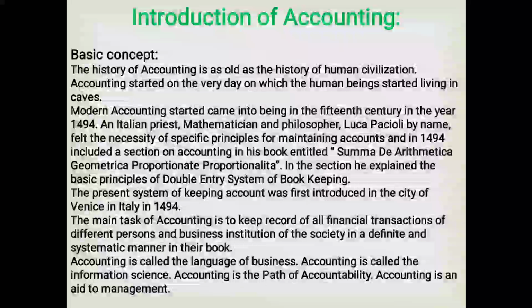An Italian priest, mathematician and philosopher, Luca Pacioli by name, felt the necessity of specific principles for maintaining accounts, and in 1494 included a section on accounting in his book entitled Summa de Arithmetica, Geometrica, Proportionalita. In this section, he explained the basic principles of the double entry system of bookkeeping. The present system of keeping accounts was first introduced in the city of Venice in Italy in 1494.